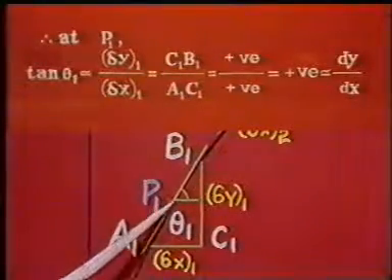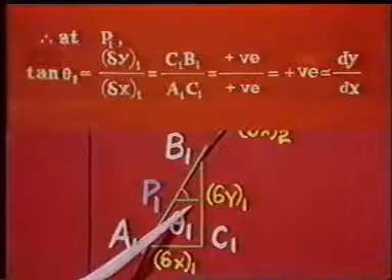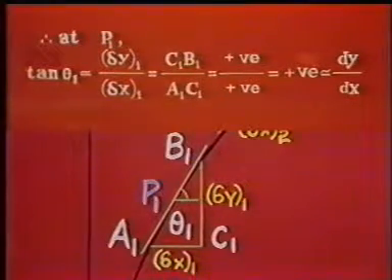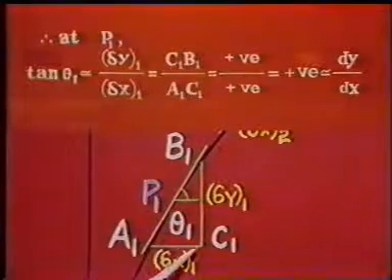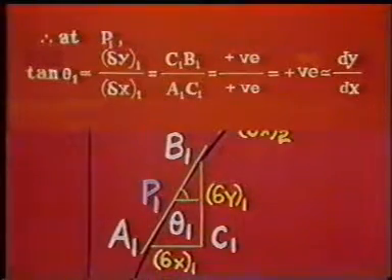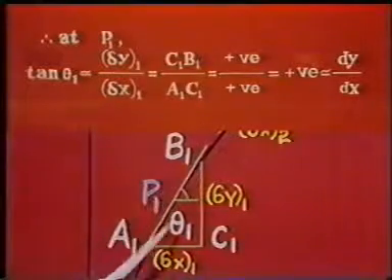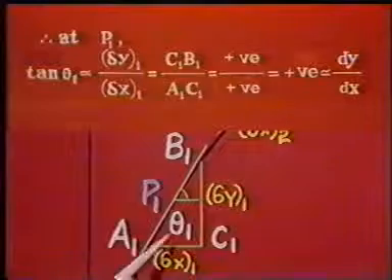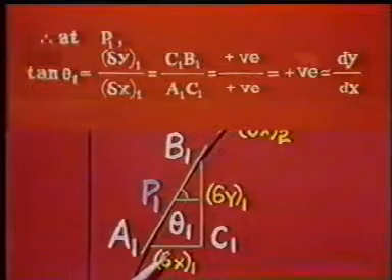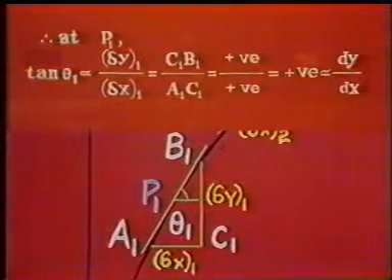At point P1, tan theta 1 is approximately equal to delta y1 upon delta x1 is equal to C1B1 upon A1C1 is equal to positive divided by positive is positive, and is approximately equal to dy upon dx.